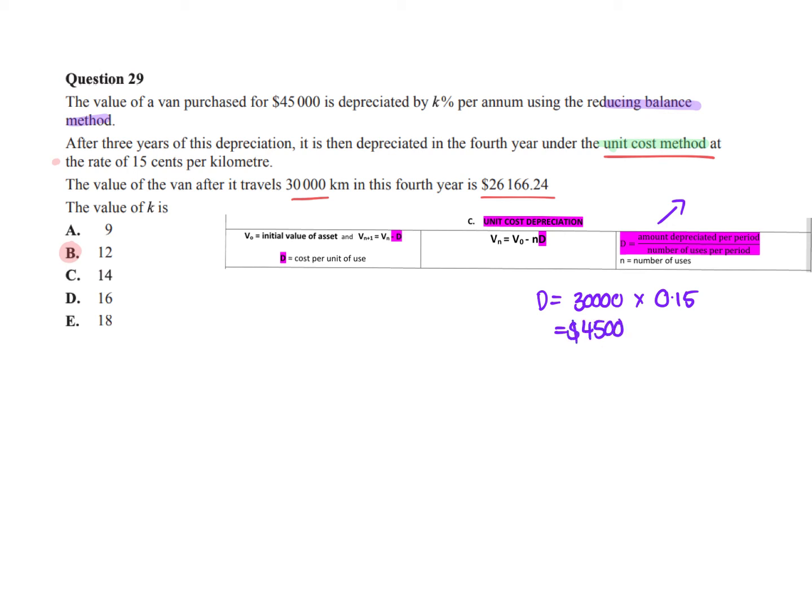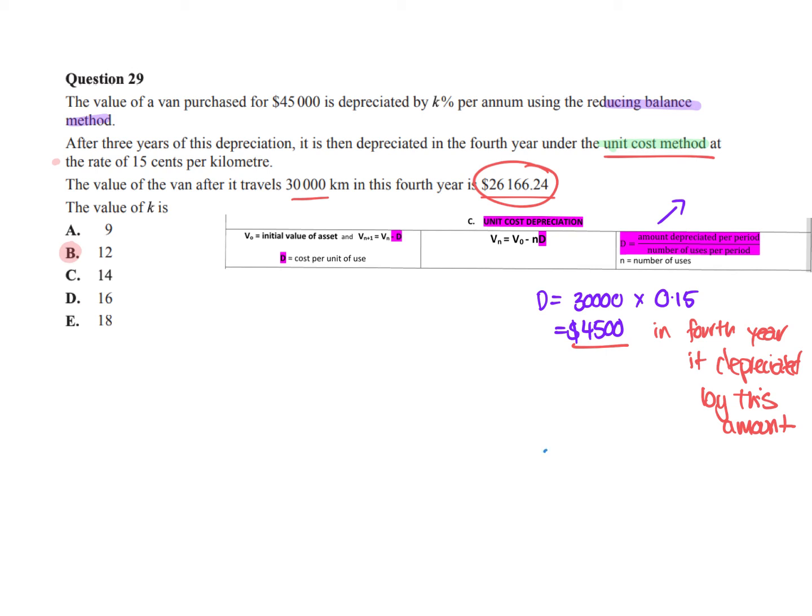So what you know there is in the 4th year, it depreciated by this amount. So if I add that 4,500 to this price, that's going to tell me what the value was at the end of 3 years, yeah?